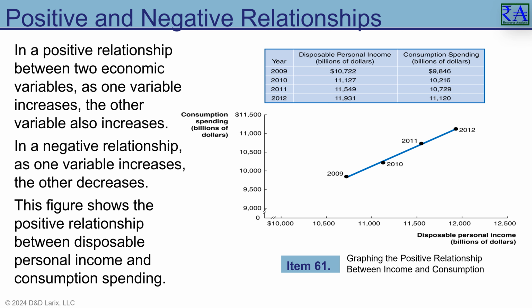Correspondingly, consumption spending also increases from $9,846 billion to $11,120 billion over the same period. Graphing these values, we see an upward sloping line, illustrating that as disposable personal income in the United States has increased, so has consumption spending. This positive relationship highlights how increased income generally leads to higher spending.